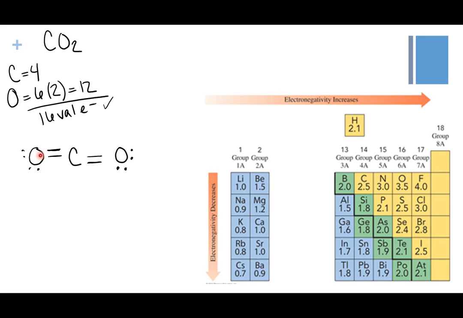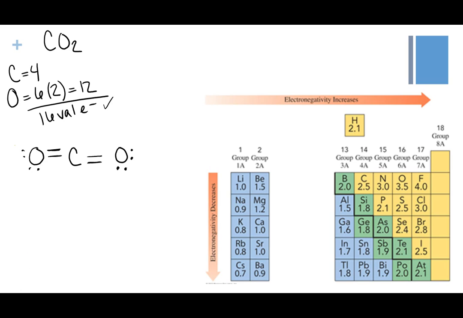Is everybody happy? Oxygen, 2, 4, 6, 8, he's happy. Carbon, 2, 4, 6, 8, he's happy. Oxygen, 2, 4, 6, 8, he's happy. So this is the Lewis structure for carbon dioxide. The next thing I need to decide is, is it a polar molecule?